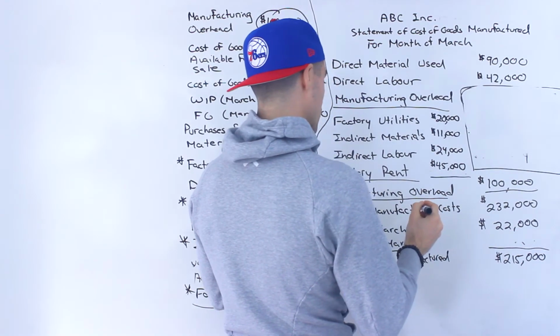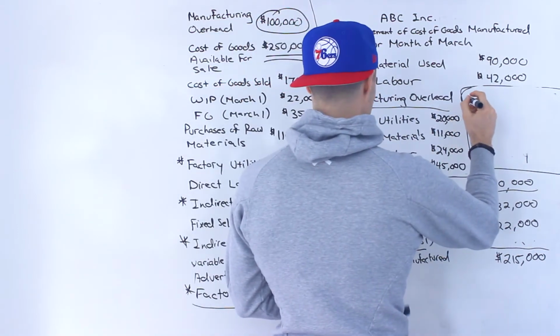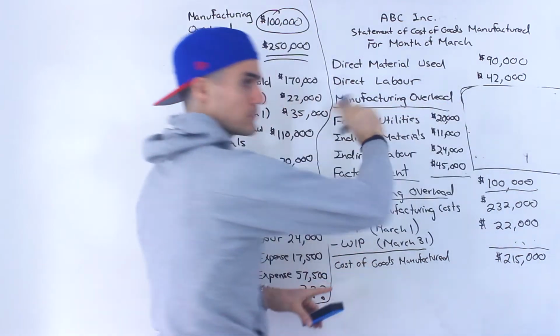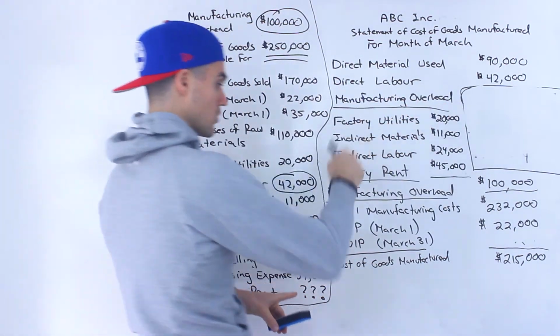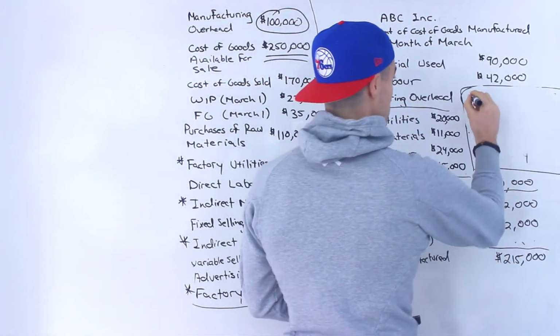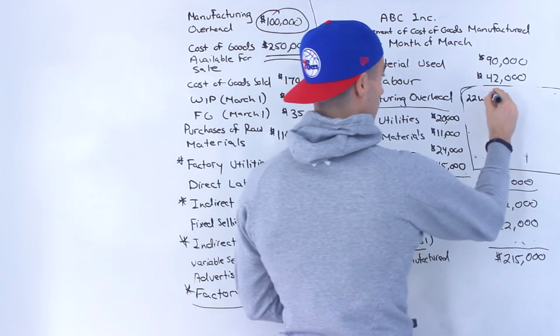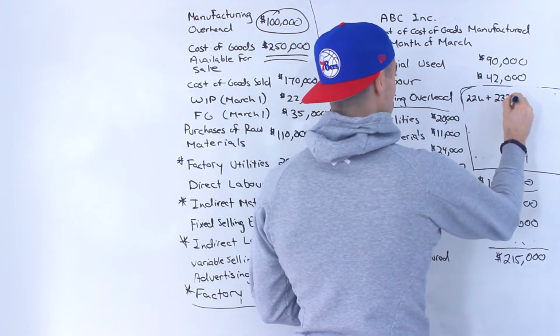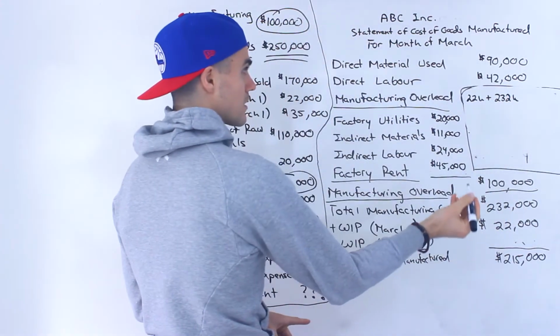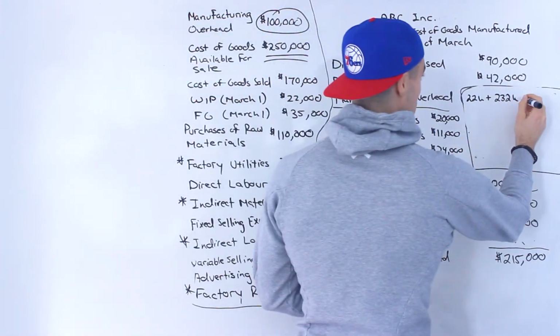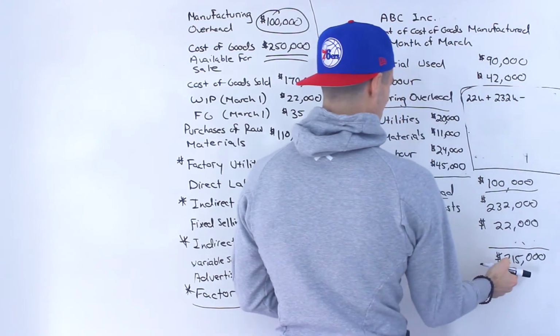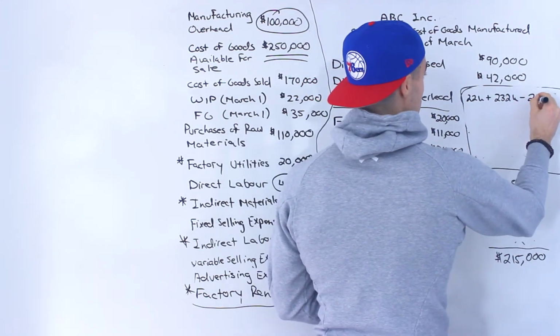So we would have what? If we follow that same line from the manufacturing flowchart, we have the beginning work in process, which is 22K. We have the total manufacturing cost, which is 232K, this right there. And then we're subtracting that cost of goods manufactured, which is the 215K.